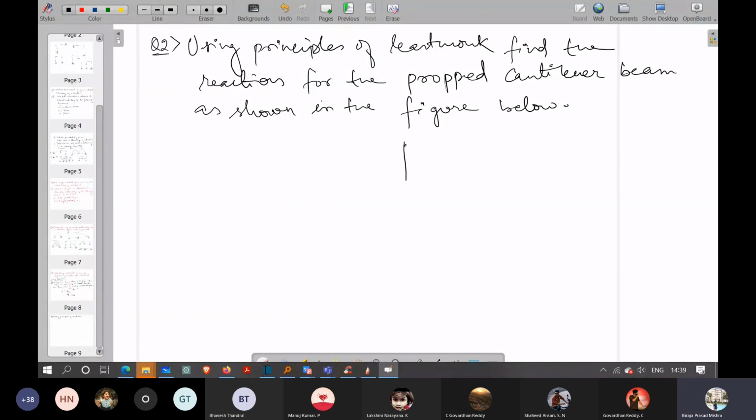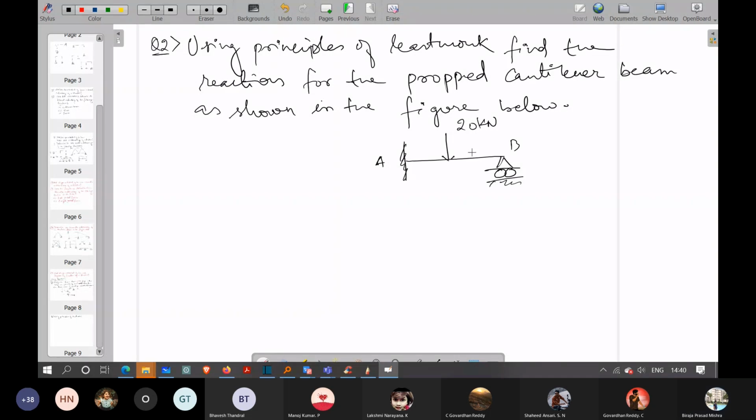So this is A, this is B. Here we have a point load. This is 20 kilonewton.